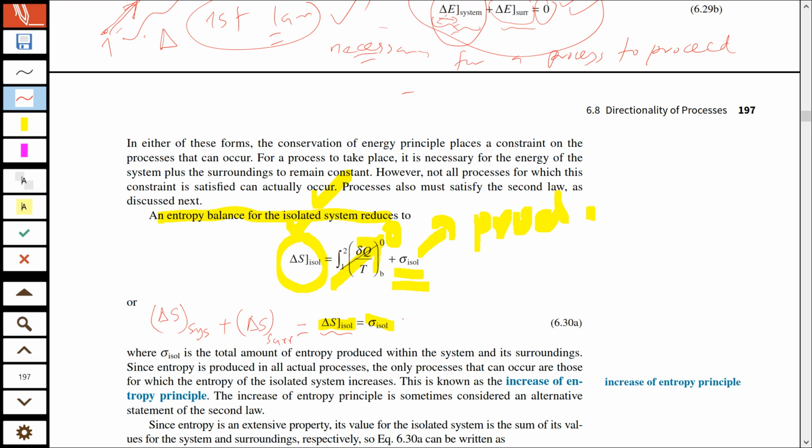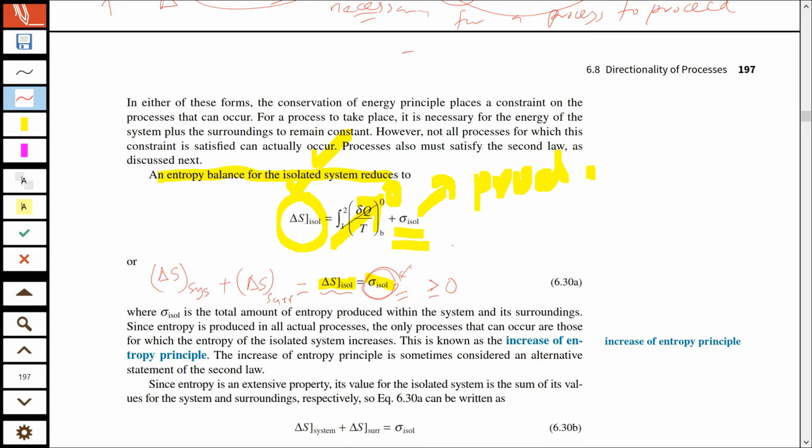That equals, remember, in the previous case, that change was equal to zero because it was energy, but in this case, it must equal the overall entropy production, both within the surrounding and within the system. And this must be positive or zero in the ideal case, so this is the constraint imposed by the second law.